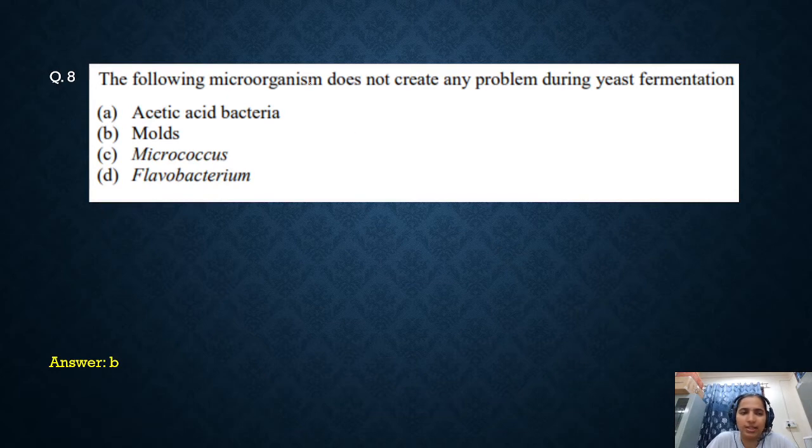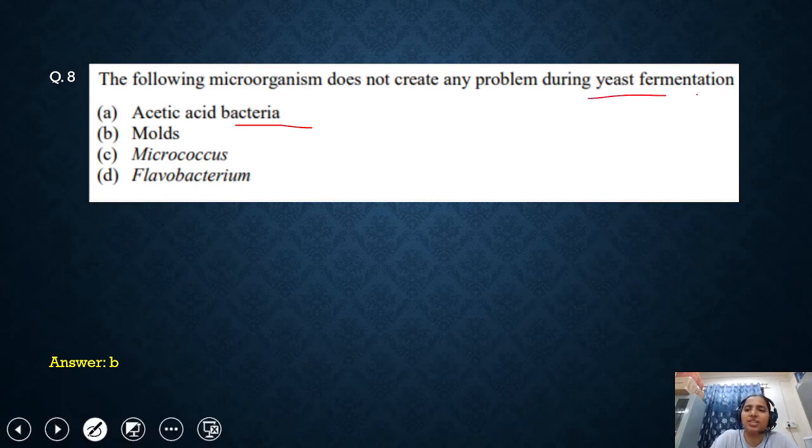We recently discussed that acetic acid bacteria is a major contaminant of the fermentation process, especially yeast fermentation.